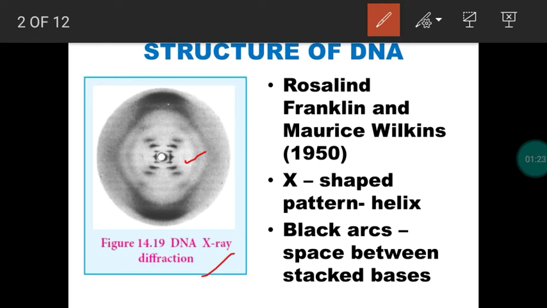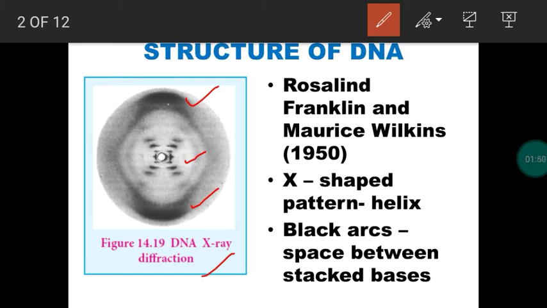Another observation is a black colored arc at the top as well as the bottom of the diffraction pattern. So these black colored arcs represent the space between the nitrogenous bases.